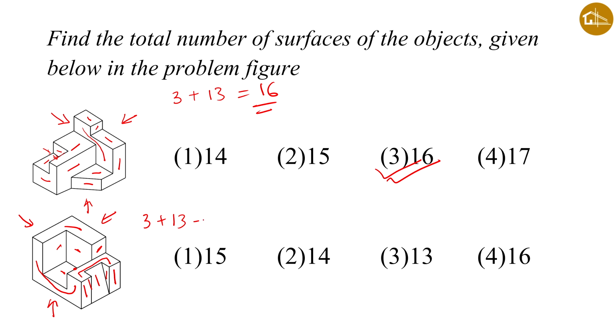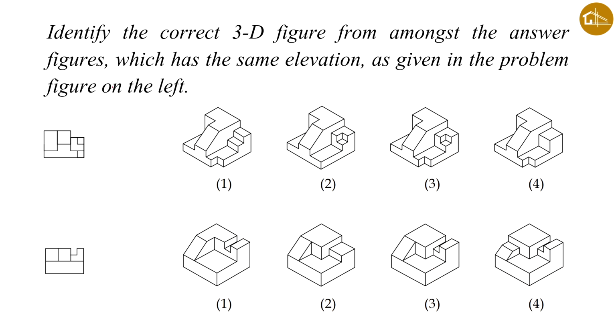So 13 plus 3, 16. So here also the answer is 16. This is the process which you can follow to solve the 3D questions which have the number of surfaces to find.